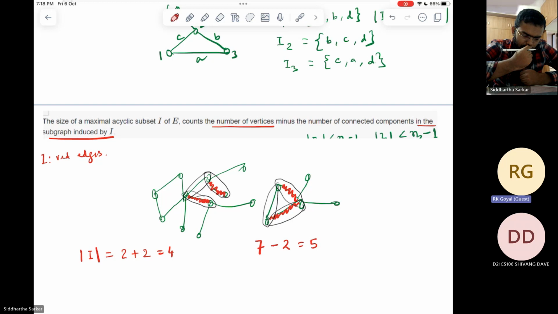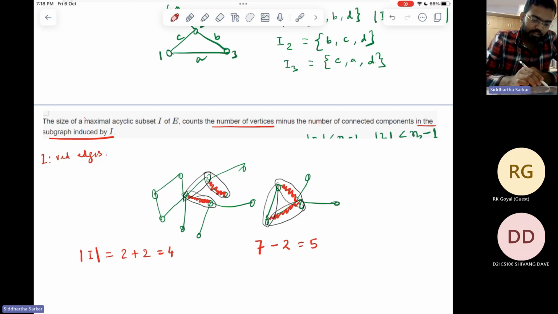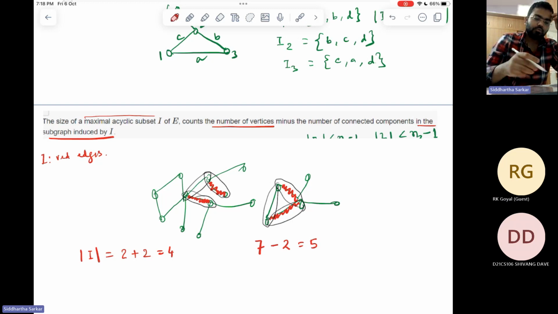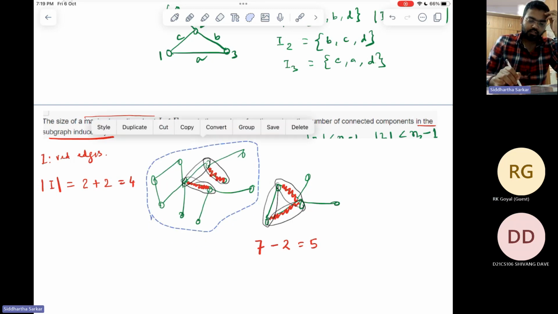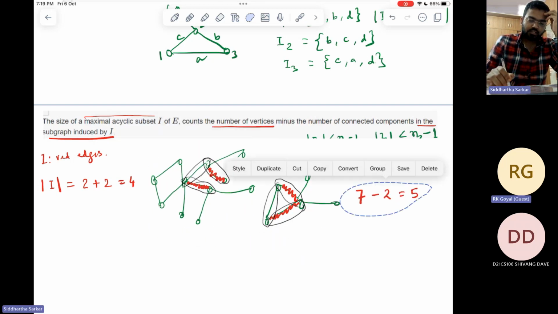But here they are asking the size of a maximal acyclic subset of E. Oh, I see. Here I is not a maximal acyclic subset, right? That is the reason it is not matching in this case. So let's try to prove it formally instead of taking examples. I took the example so that it is easier to visualize.